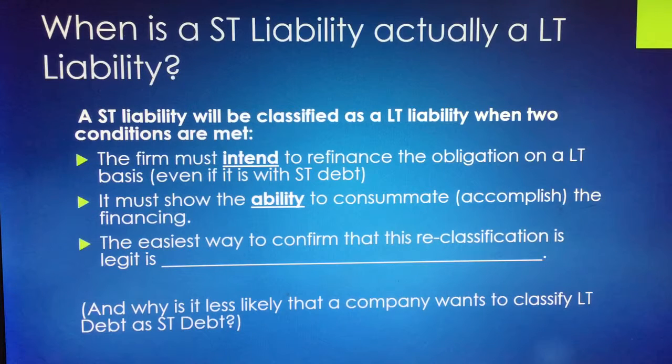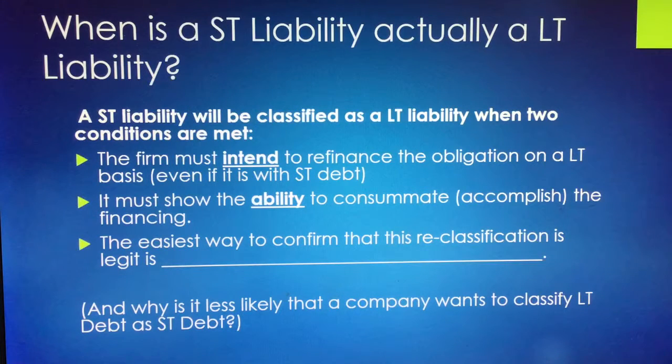Now, this headline here is, when is a short-term liability actually a long-term liability? If you recall the definition of short-term liability from the very beginning, we said it is a present obligation, an obligation to sacrifice a short-term asset, or to roll it over or renew a short-term liability.